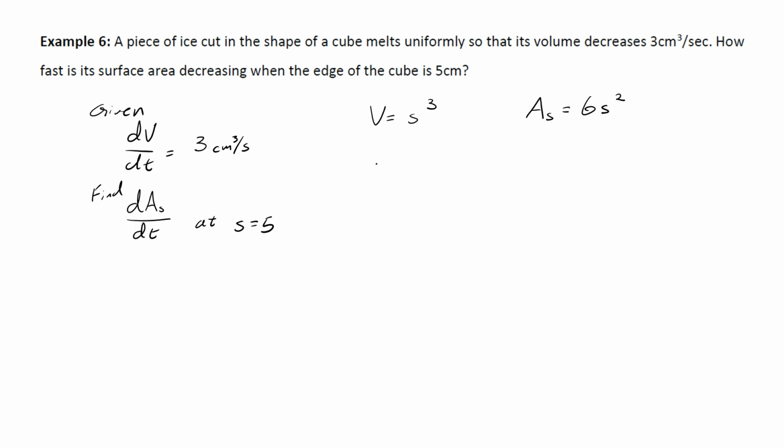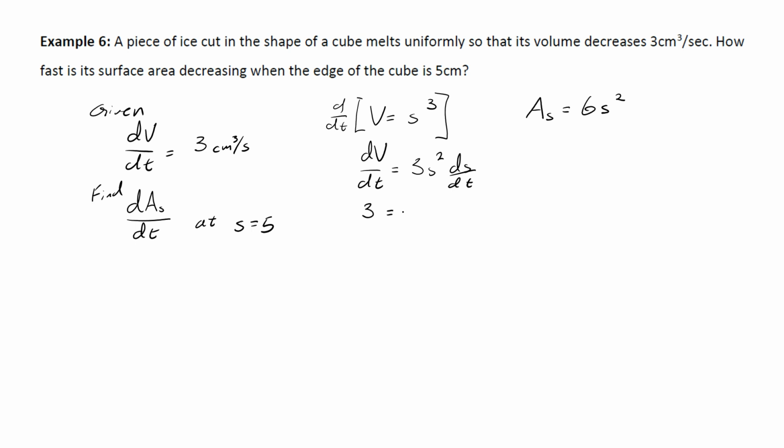So instead, what I'm going to do is take the derivative of my volume equation, so dV/dt is equal to 3s squared ds/dt. And I'm going to solve for ds/dt because I know dV/dt is equal to 3.